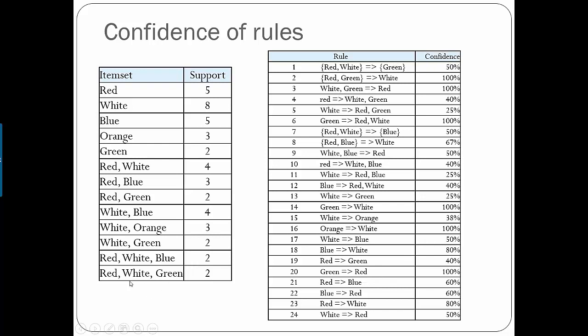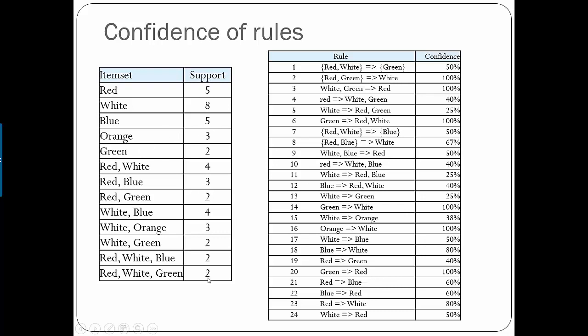Now we get red and green means white. That is another rule. Again the numerator is antecedent and consequent, so that is 2. Then the antecedent alone is red and green, which is 2.